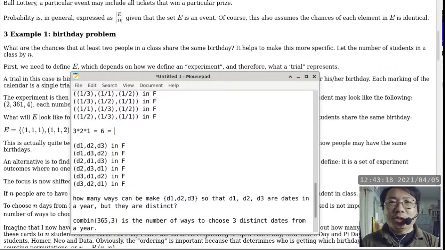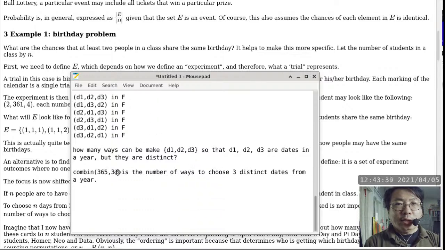It is actually related to permutation, because this is the permutation of starting with 3 items, and we want to choose 3 items out of those 3, where ordering is important in this case. So the 6 is coming from the permutation of 3 and 3. And then here we have the combination of choosing 3 out of 365. And these two need to be multiplied.